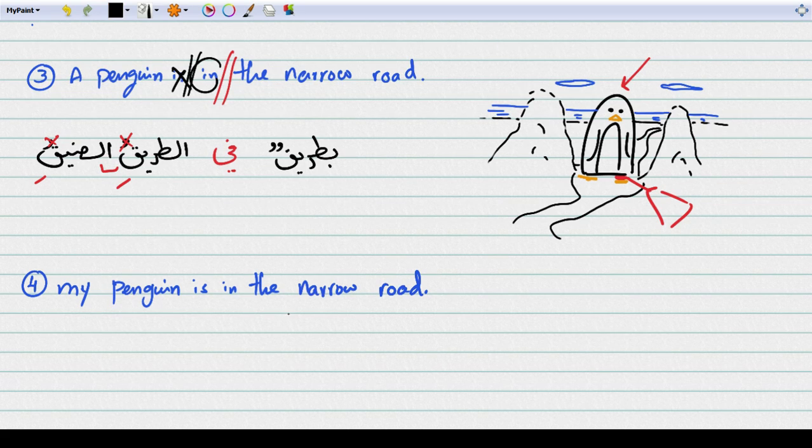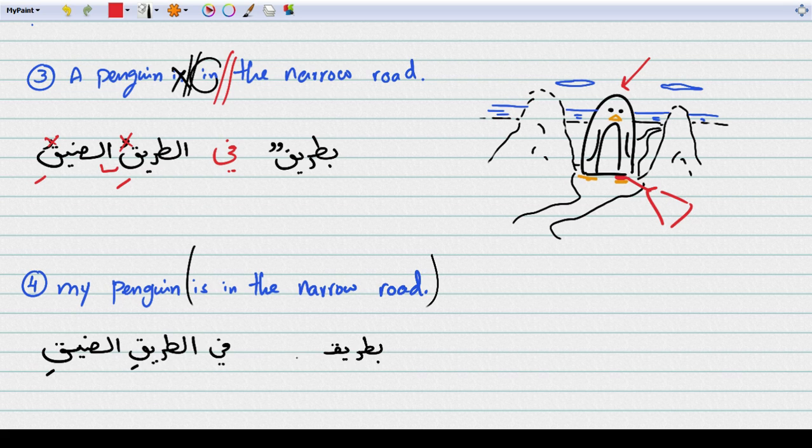Well, I will take first the sentence that did not change and just rewrite that again. And that would be في الطريق الضيق.